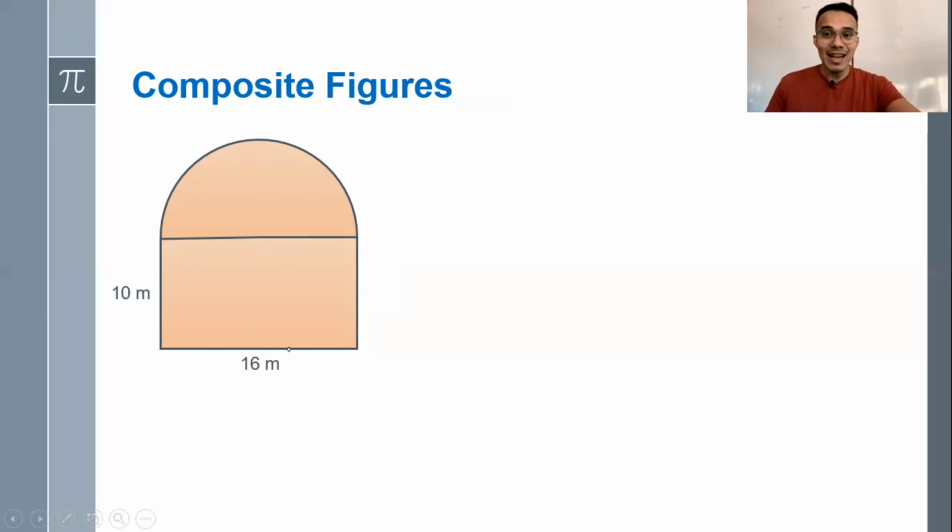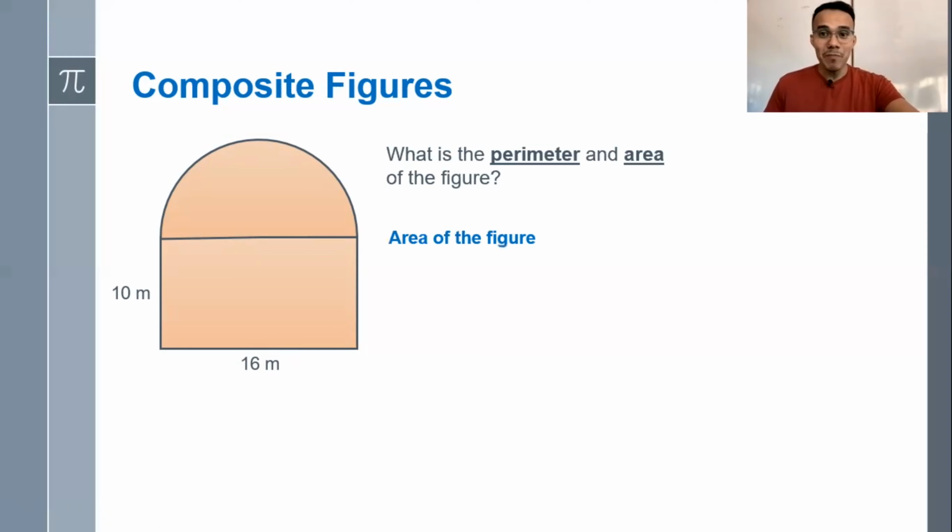Suppose that the length of this rectangle is 16 meters and the width or the breadth is 10 meters. What is the perimeter and area of the given figure? Let's start with the area of the figure. To get the area of this figure, we're just going to get the area of the semicircle and the area of the rectangle and get their sum.